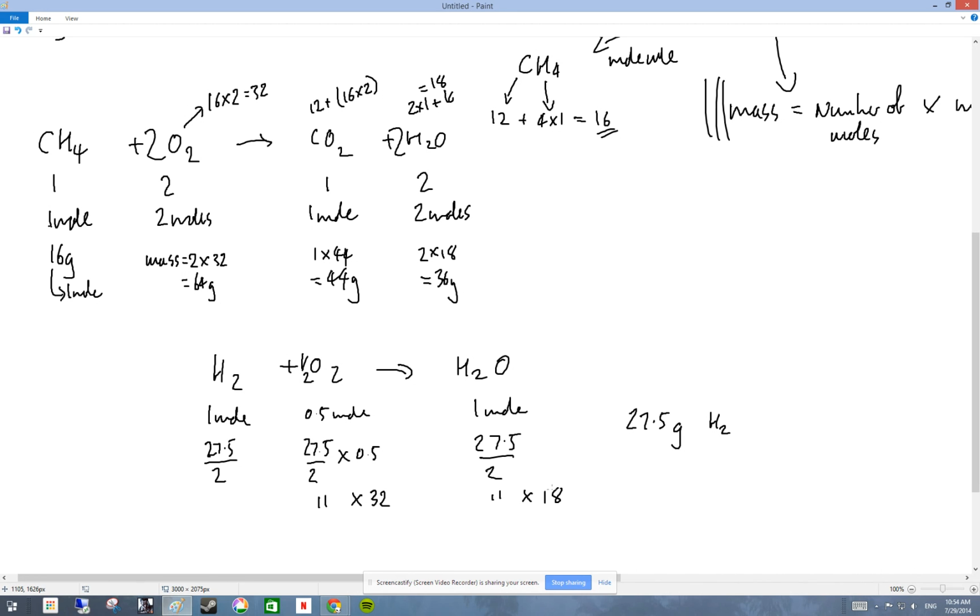27.5 divided by 2 is that, times by 0.5 is that many moles, times by 32. So that would be 220 grams of oxygen needed, and the other one is 27.5 divided by 2 equals that, times by 18, 247.5.